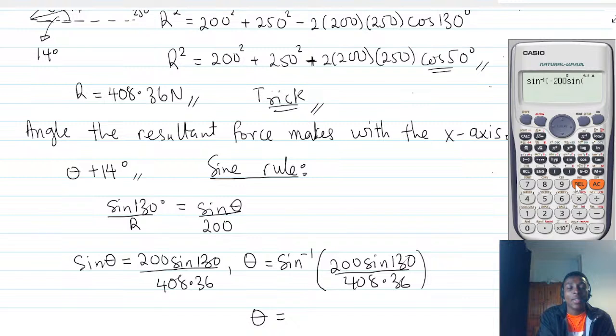Sorry, let me do it again. The sine inverse of 200 sine 130, and then I'm going to divide this by 408.36. And what is that? 22.035, or let's say 22.04.